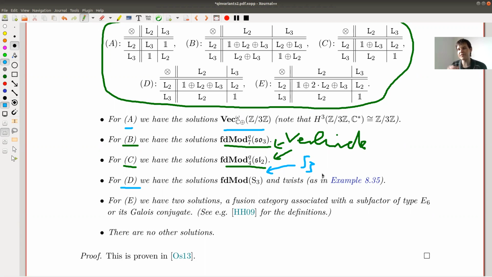I told you basically everything is vect G, rept G, or Verlinde, and you see it in this classification. So for A, you see G-graded vector spaces. For B and C, you see Verlinde. And for type D, you see rept S3. And for type E, this is kind of an exotic case.